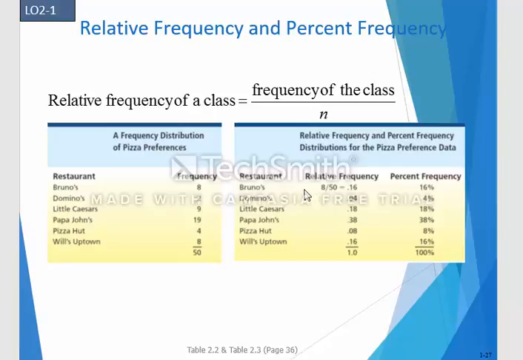It's just the number over the total. So 8 over 50, 2 over 50, 9 over 50, 19 over 50, 4 over 50, and 8 over 50. It gives you these decimals, which you can then convert to percentages. And this is your relative frequency and percentage frequency table. Pretty intuitive, right?